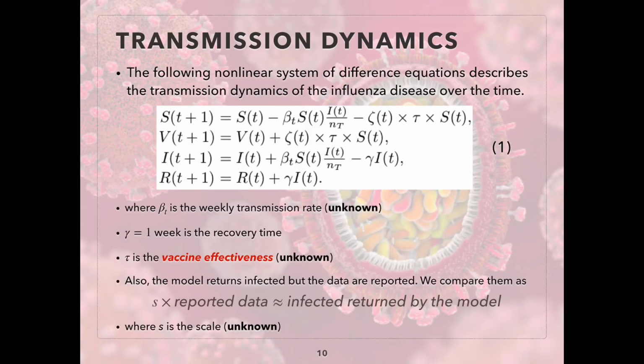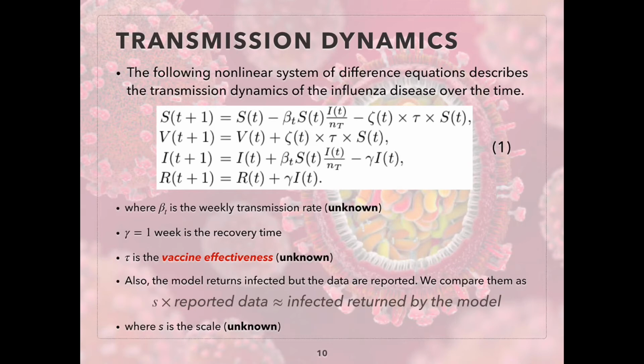In expression 1, we can see the nonlinear system of difference equations that describes the transmission dynamics of the influenza disease over time, where beta of t is the weekly transmission rate to be determined, gamma equal to 1 is the week an infected person needs to recover, tau is the vaccine effectiveness to be determined, and also the model returns infected, but the data are reported cases.